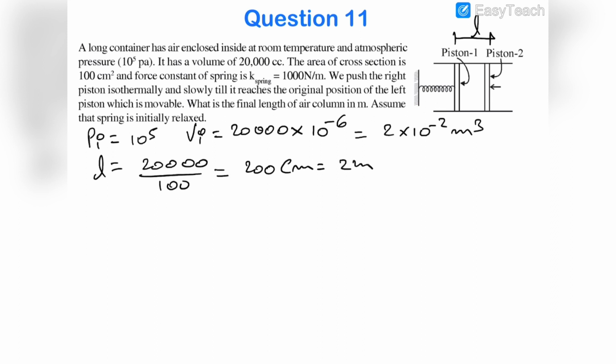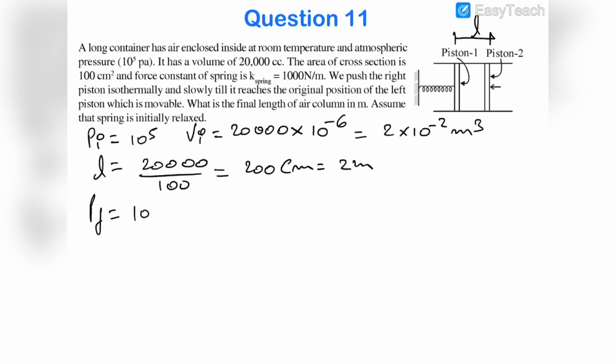And now what we have done, we have isothermally pushed piston 2 till it reaches the position of piston 1. So in this process we have compressed the gas and we have also compressed the spring. Now this process is isothermal, and we know that the final pressure will be the atmospheric pressure acting on this piston from outside plus spring force divided by area.